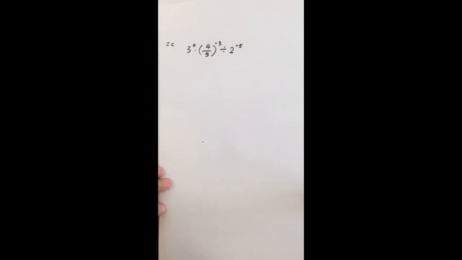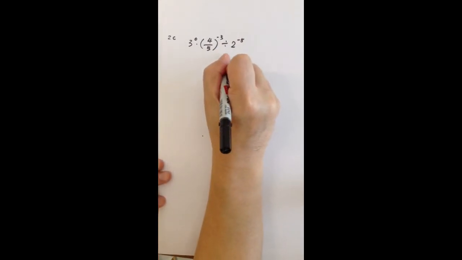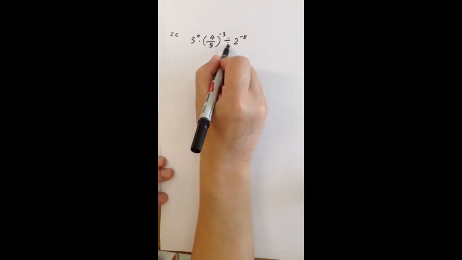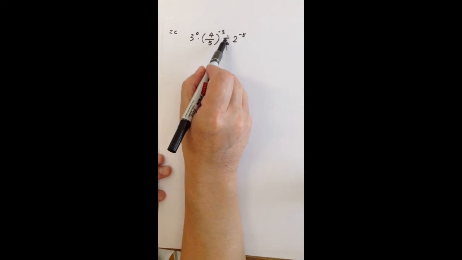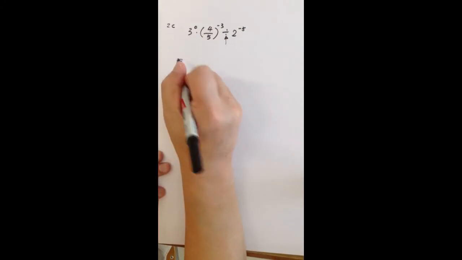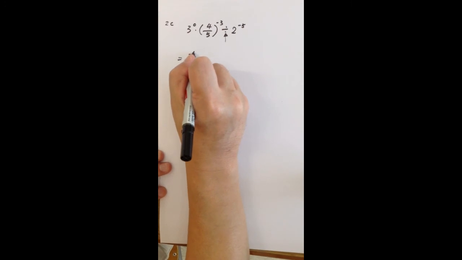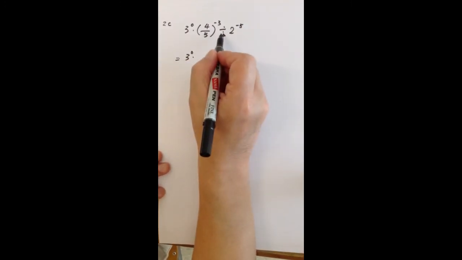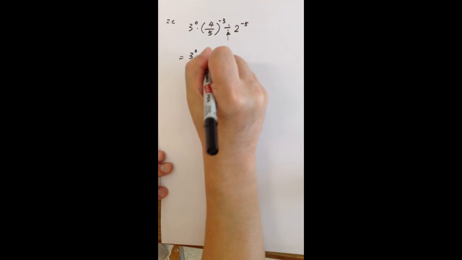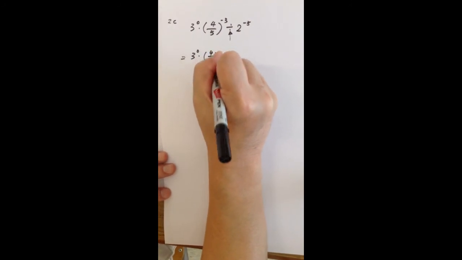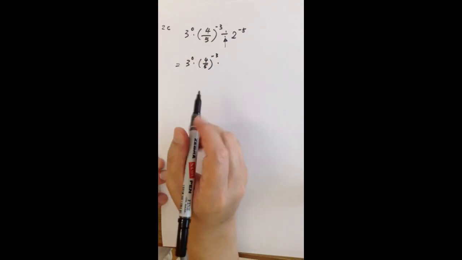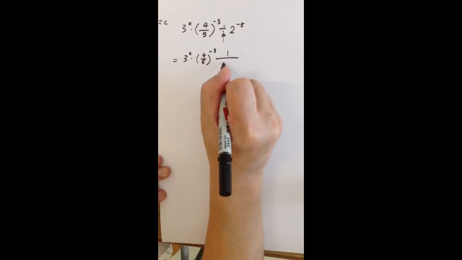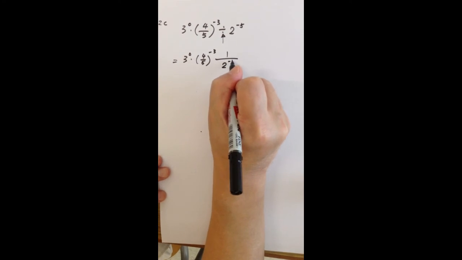Question 2c is quite complicated, but there's a division sign here. So the first step we have to do is change the division sign into a multiplication sign first. It means that don't do anything except changing this division sign. So nothing special, just copy the answer, but the division sign will be changed into 1 over 2 to the power negative 5.